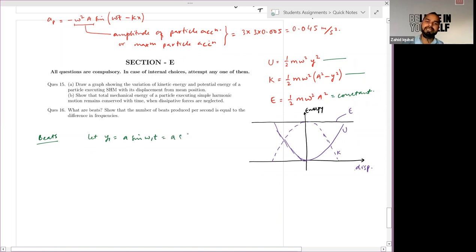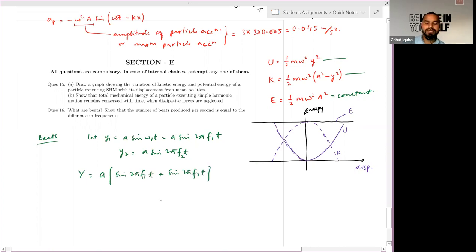So it will be a times sine 2 pi f1 into t, and y2 is equal to a times sine 2 pi f2 into t. On adding these two, y will be a times sine 2 pi f1 t plus sine 2 pi f2 t.